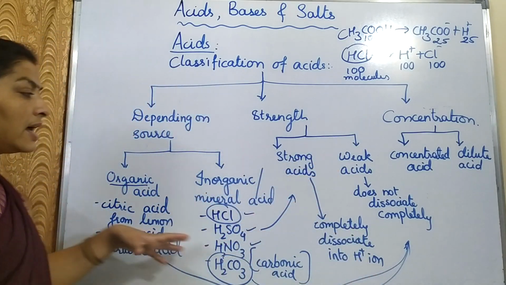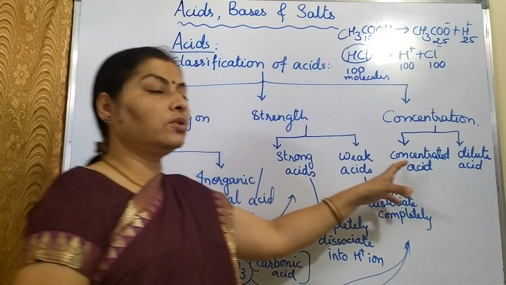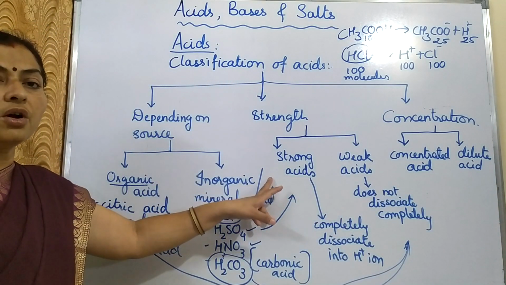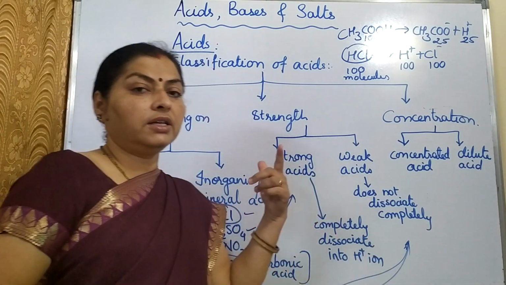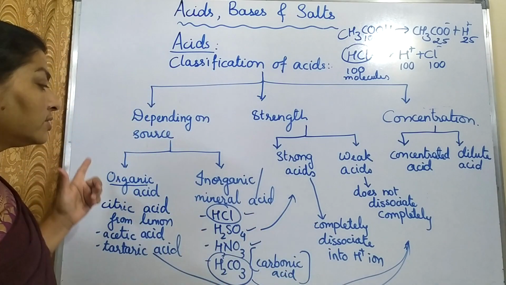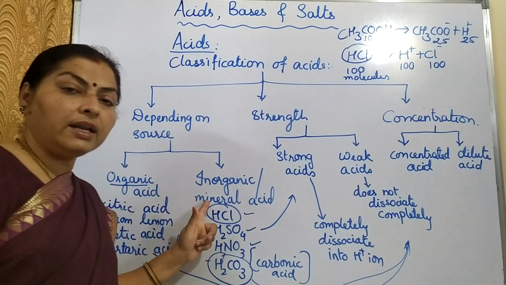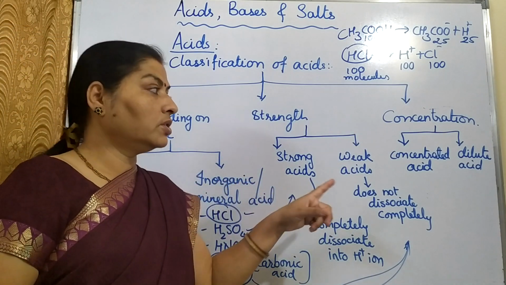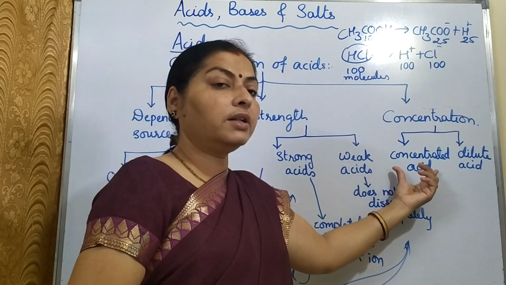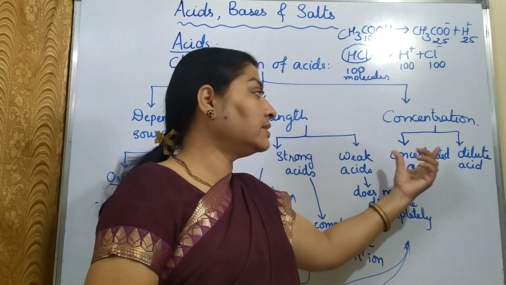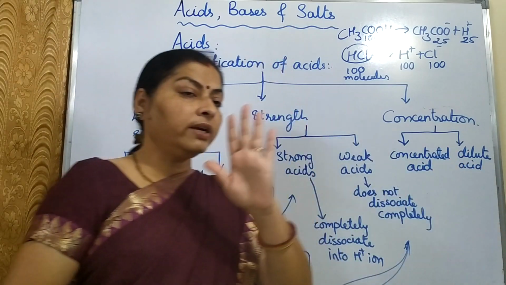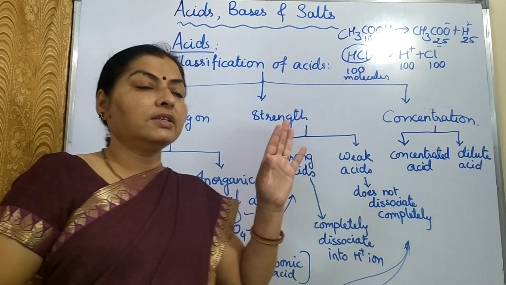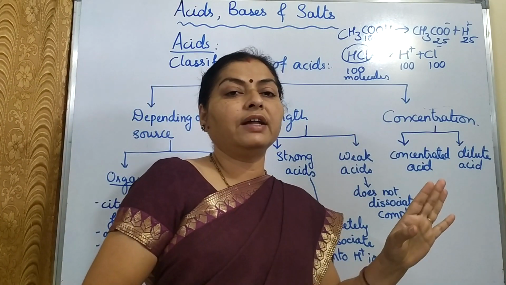And any of these acids can be a concentrated solution or a dilute solution. Whether it is weak or strong, it can be a dilute solution, it can be a concentrated solution. Whether it is organic acid or inorganic acid, it can be a dilute solution, it can be a concentrated solution. We don't have any specific example of concentrated acid or specific example of dilute acid.